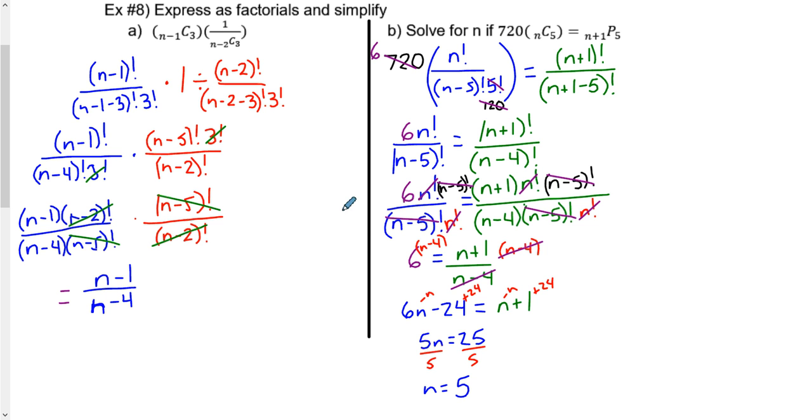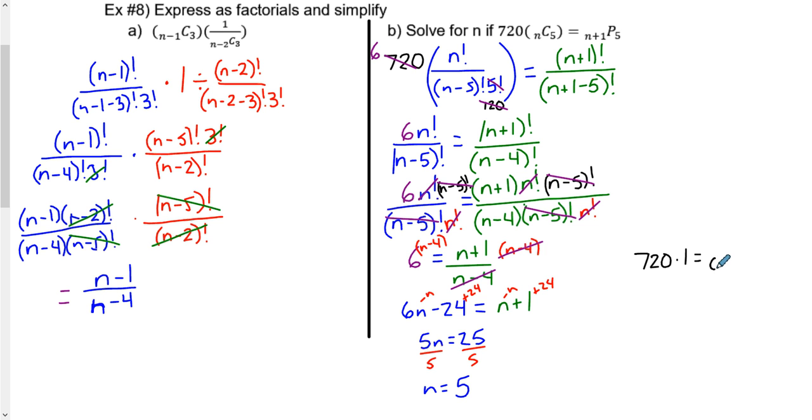Really long and convoluted, but basically if we plug 5 into all this, so 5C5 is 1. So I just want to kind of check. 5C5 is 1. So the entire left-hand side would just be 720 times 1. The right-hand side would be 5 plus 1 P5.